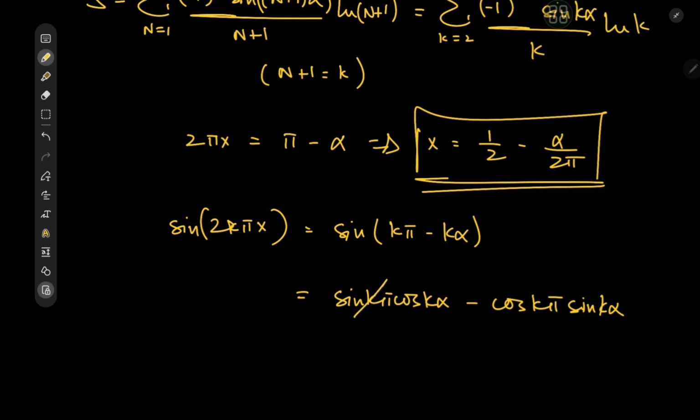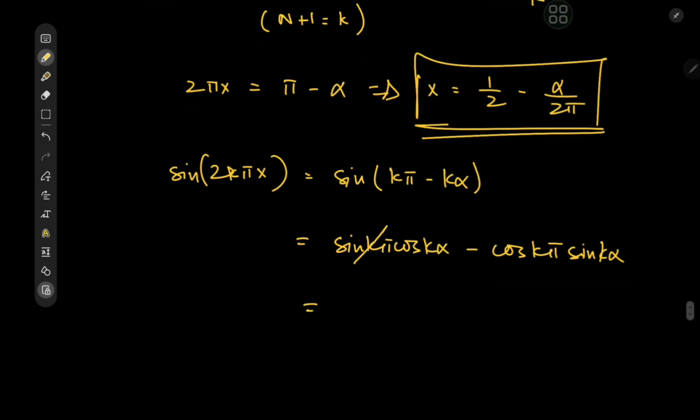This thing is, of course, 0, and cosine of k times pi is negative 1 to the k. Wait, it's minus negative 1 to the k, so that would actually be negative 1 to the k minus 1 or plus 1 means the same thing, of sine of k times alpha, which is really cool.